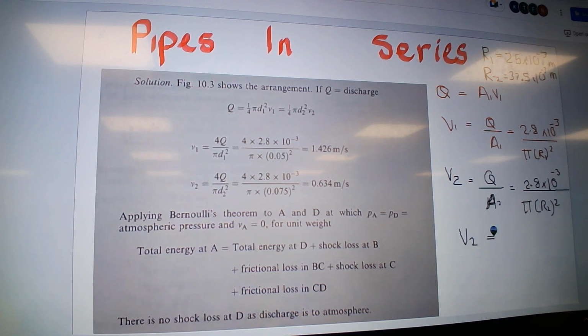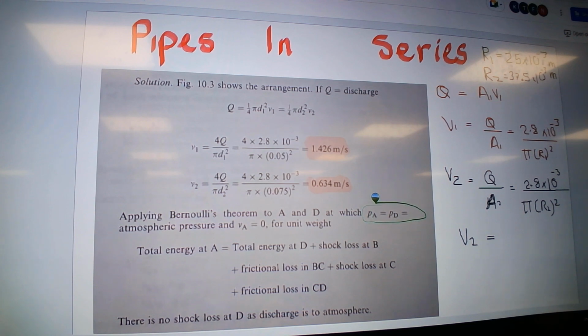So once we got the value for the first velocity and the second velocity, we have this velocity here and that velocity here. After that, we will apply Bernoulli's theorem to the parts A and D. A was at the start and D was at the very end of the reservoir. Now the atmospheric pressures PA and PD are the same. At A and D, the pressure is atmospheric pressure.